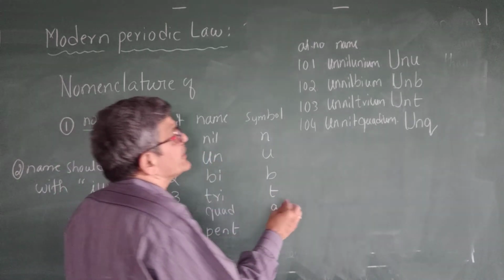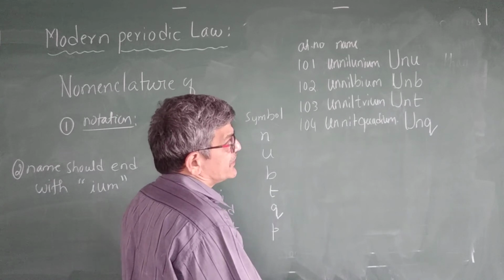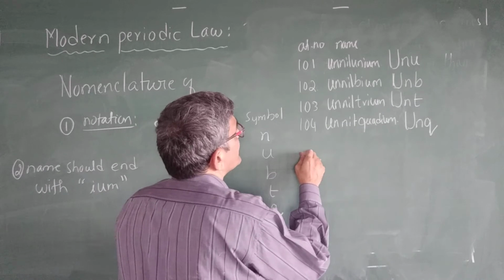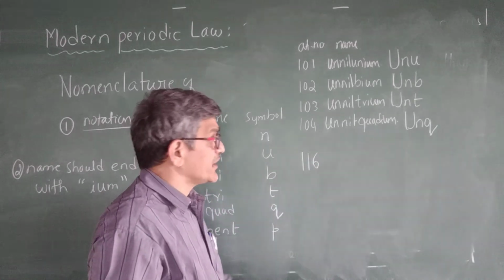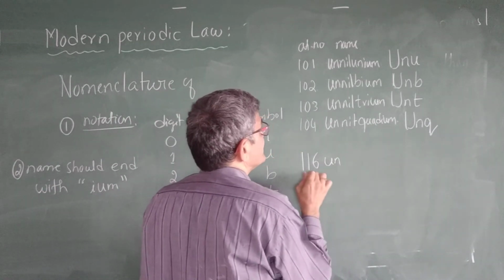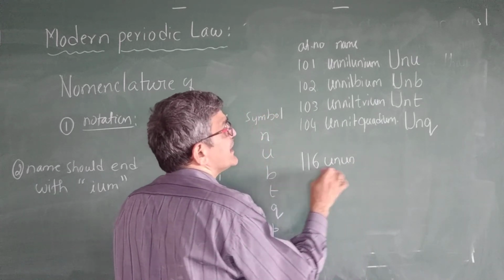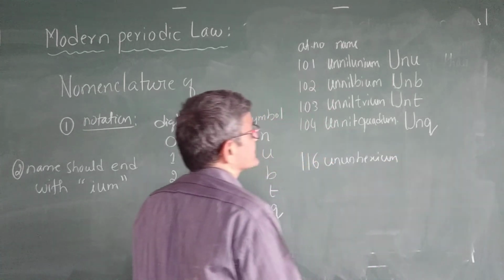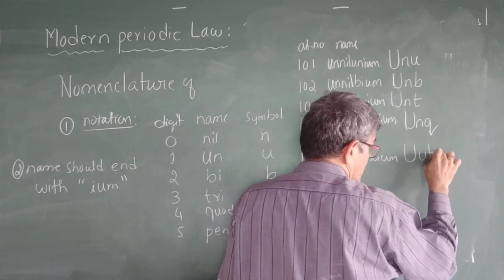Suppose a 1 mark question may be asked on this: write the symbol or the name of the atom having atomic number 116. Once again, 1 is un, 1 is un, 6 is hex, and ends with ium: ununhexium. Symbol U, U, H.